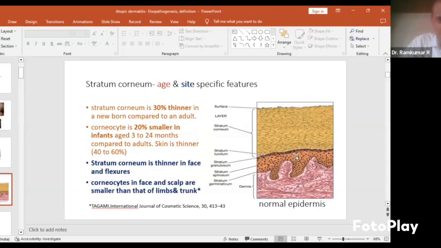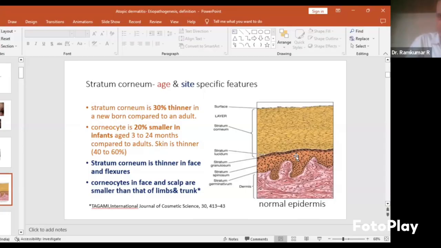Not only that, this makes them more vulnerable to the disease, which is basically an epidermal barrier dysfunction. Atopic dermatitis is a disease due to the interaction of a dysfunctional epidermal barrier and immune dysregulation. These are the 2 themes which we talk about again and again.